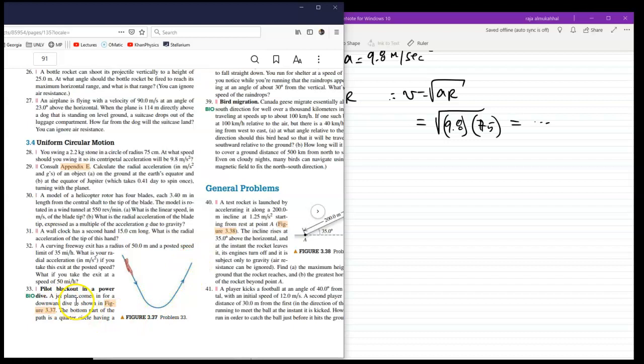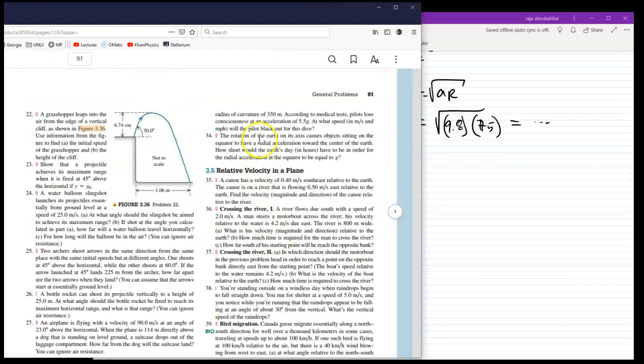He says a jet plane comes in for a downward dive as shown in the figure. The bottom part of the path is a quarter of a circle. So this part is a quarter of a circle having a radius of curvature of 350 meters, okay?